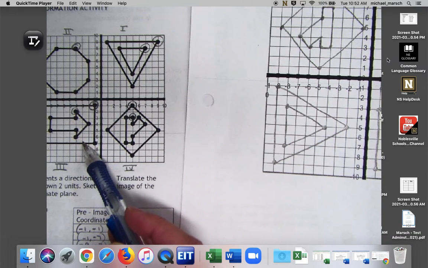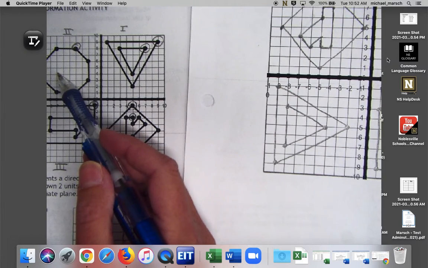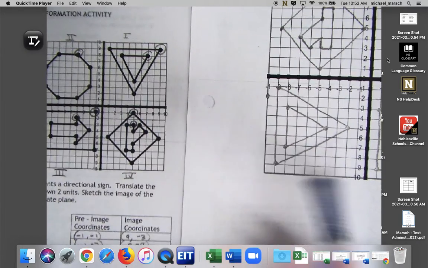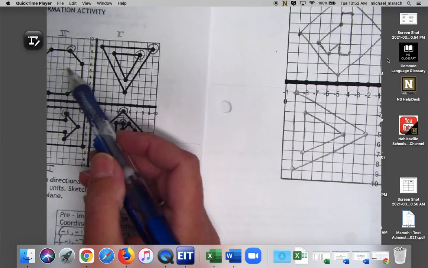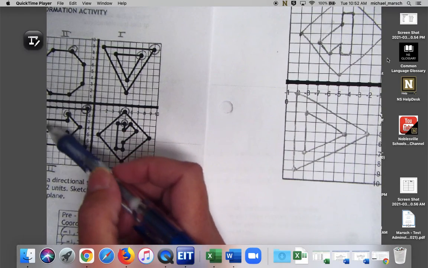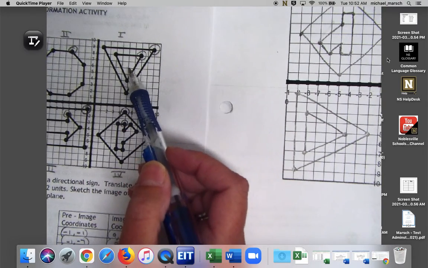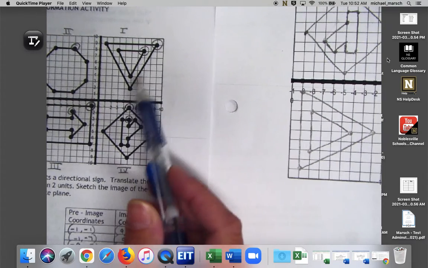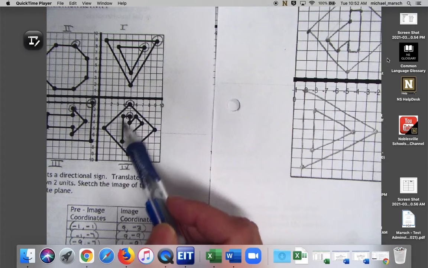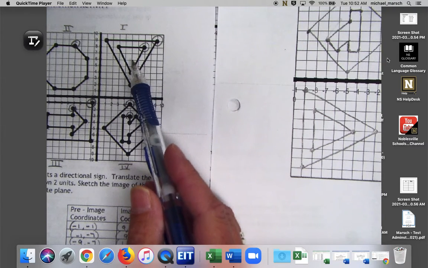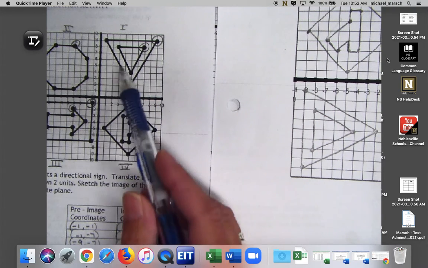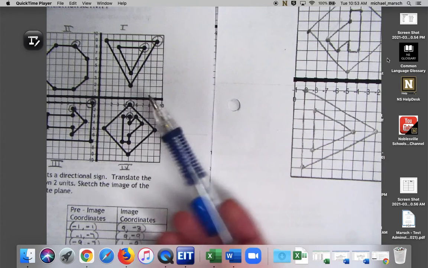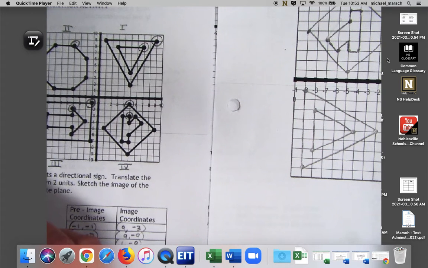If we had done a reflection and then a 90-degree counterclockwise rotation, so if we'd done a reflection and then 90 degrees, would we have ended up in the same place? What do you guys think? If we had reflected it over the X and then rotated it backwards, would it still be the same? It sure would.